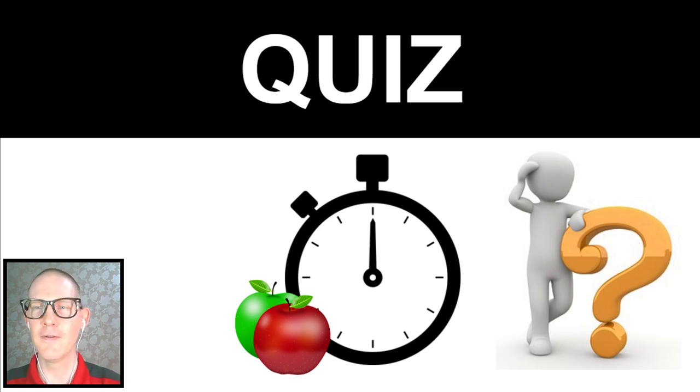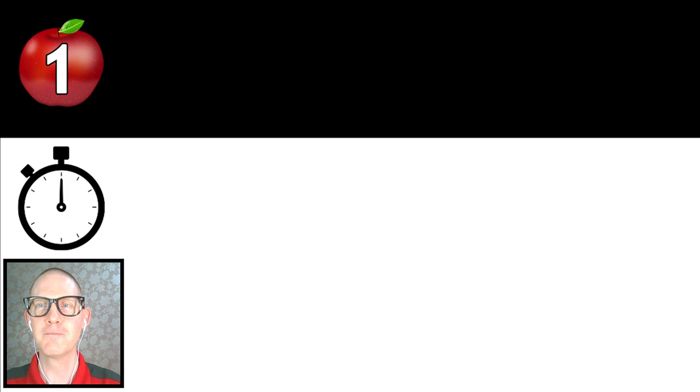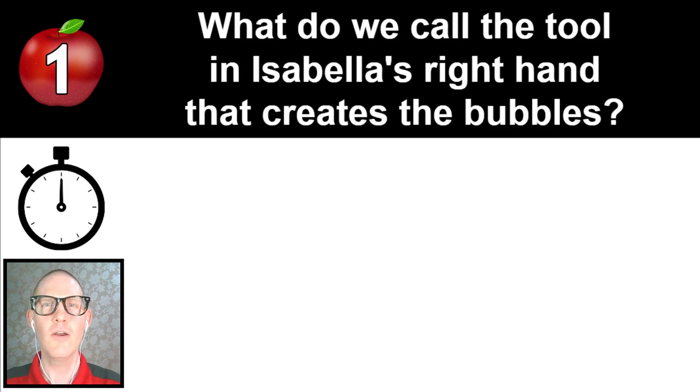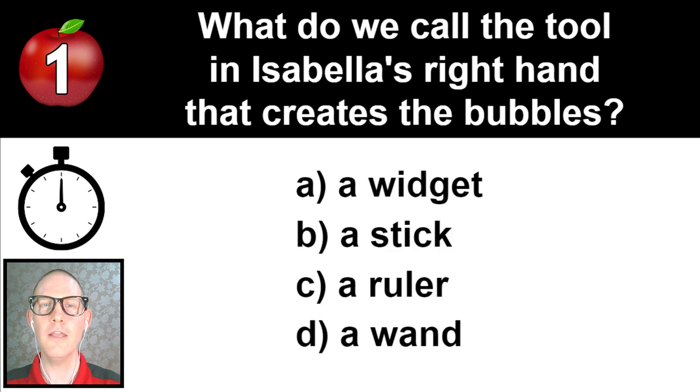All right. Question number 1. What do we call the tool in Isabella's right hand that creates the bubbles? A, a widget, B, a stick, C, a ruler, D, a wand.